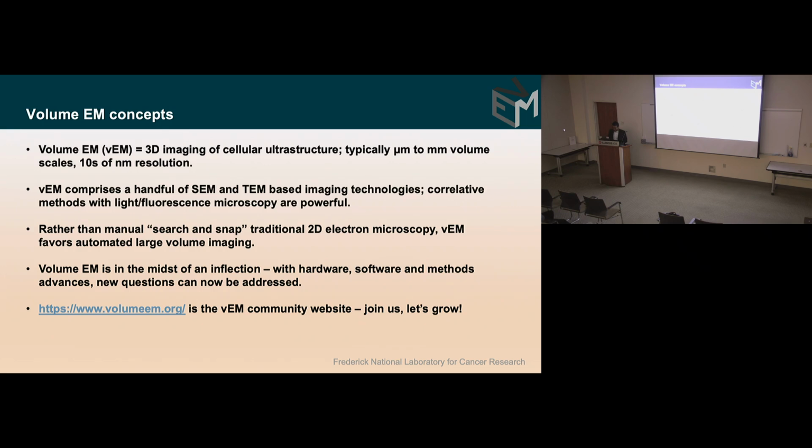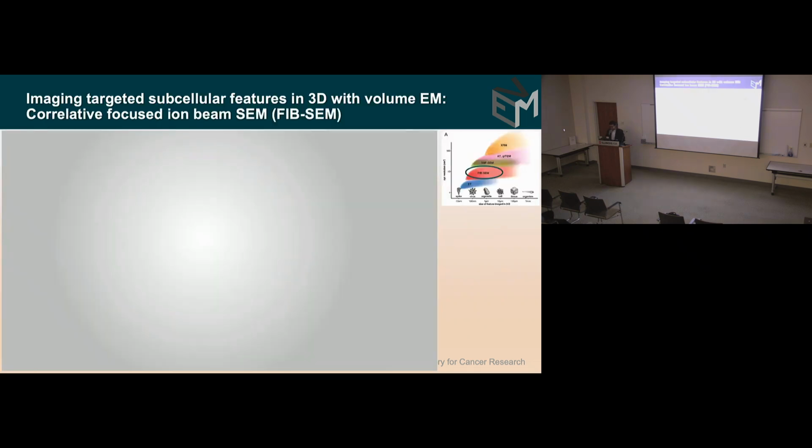All right. So what I'm going to do now is give you a couple of examples of one relatively straightforward and one not so straightforward collaboration that we had in the recent past that used correlative FibSem. So how does this work?